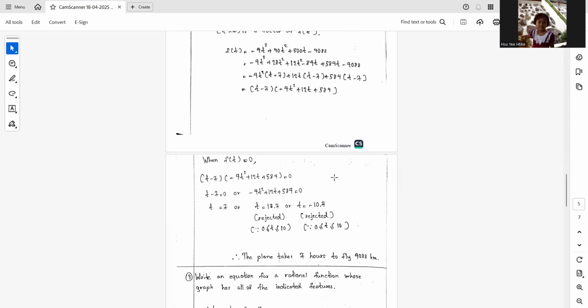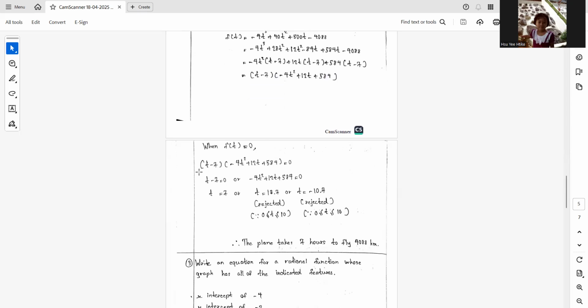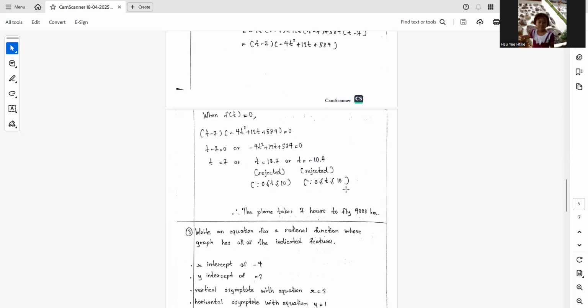When f of t is equal to 0, we get the value of t is equal to 7, or t is equal to 13.7, or t is equal to -10.7. So we have to reject the two values of t, where t is equal to 13.7 and t is equal to -10.7, because the value of t is between 0 and 10, where t can also be equal to 0 and 10.